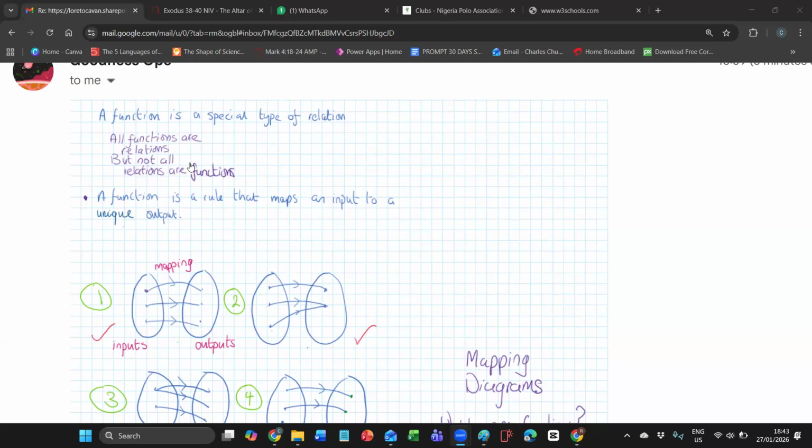So it says all functions are relations. Yes, because they show a relationship between one variable, usually called the independent variable, and a second one, usually called the dependent variable. The one outside on the left hand side is dependent on the one inside.